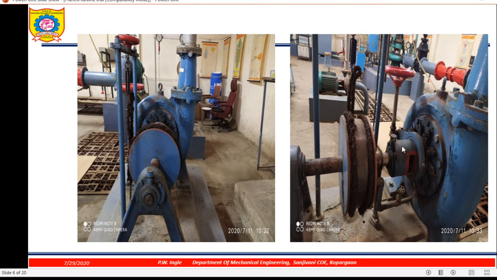By rotation of this hand wheel, you can vary the guide vane opening. So we take readings, suppose at 25% opening of the guide vane. You have a scale here from 0 to 1, where 0 is complete closing of the guide vane and 1 is 100%.